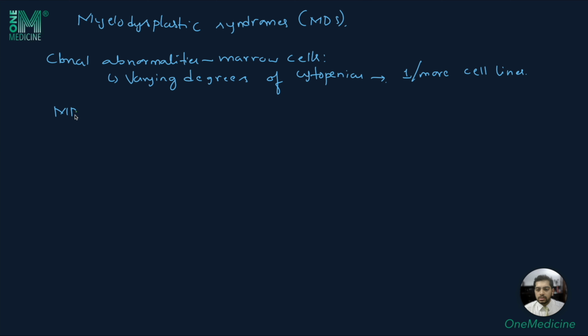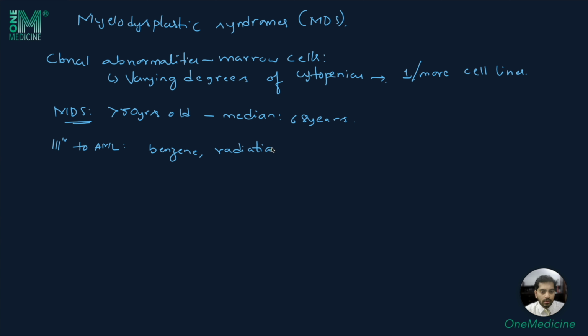So myelodysplastic syndromes happen mainly in people who are more than 50 years old with a median age of 68 years. Similar to acute myeloid leukemia, exposure to benzene, radiation, and chemotherapeutic agents can cause myelodysplastic syndromes.